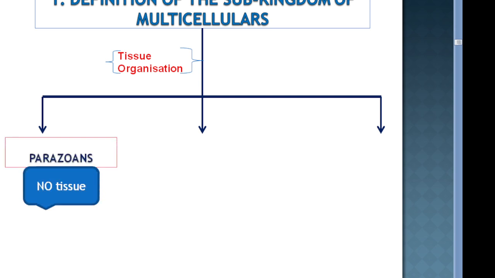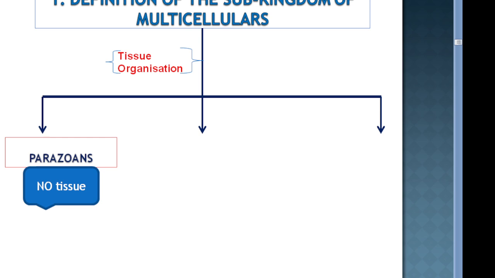So, according to the tissue organization, which is the criterion of the classification, we can divide the multicellulars in 3 groups.